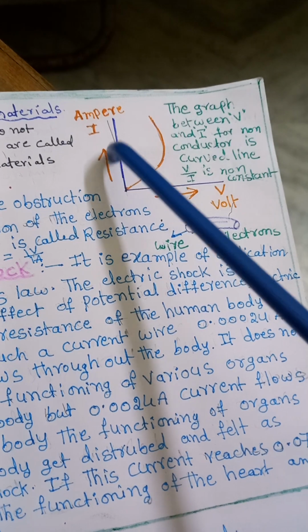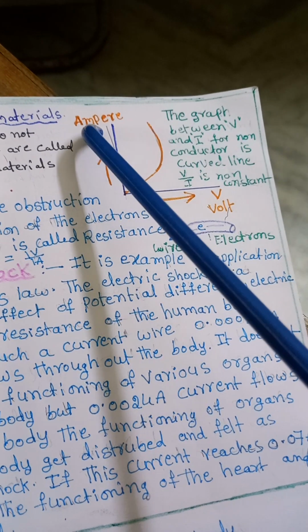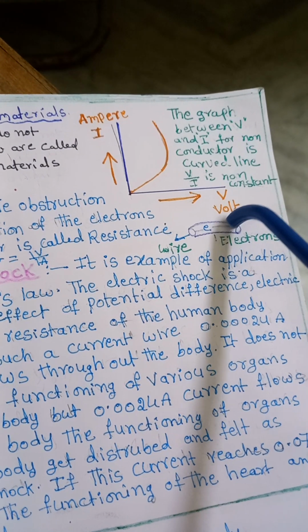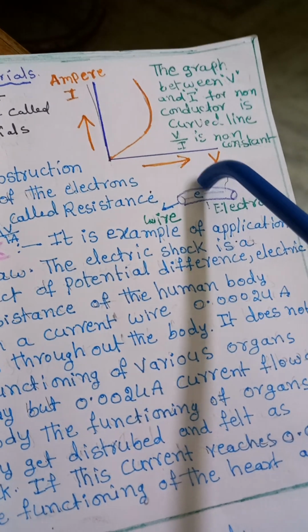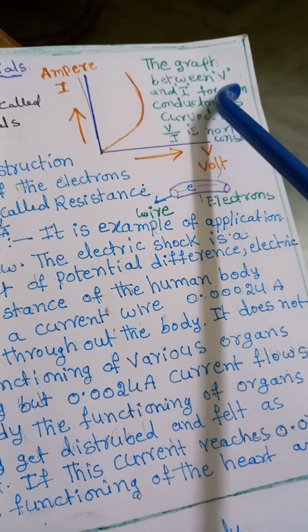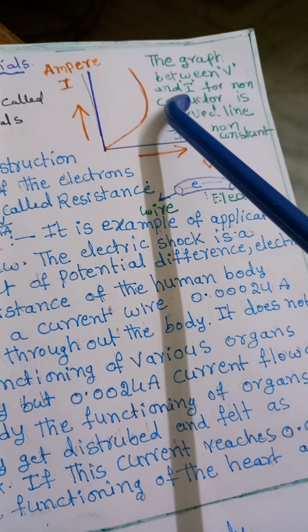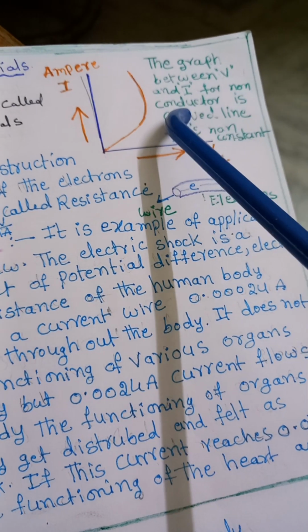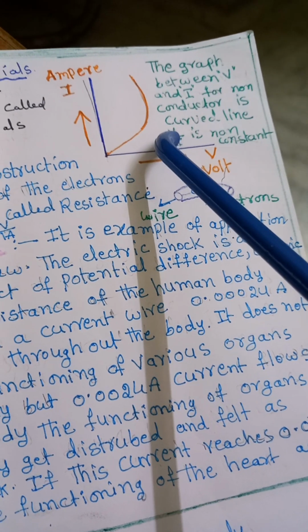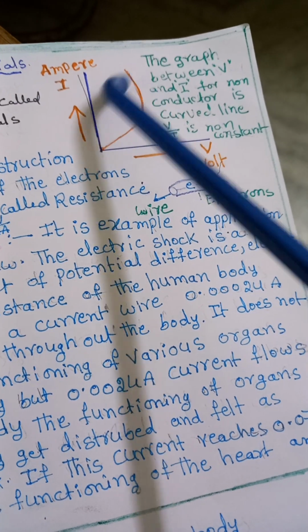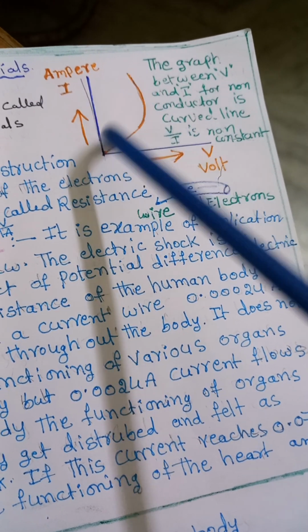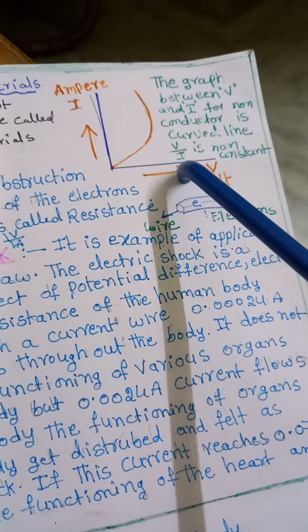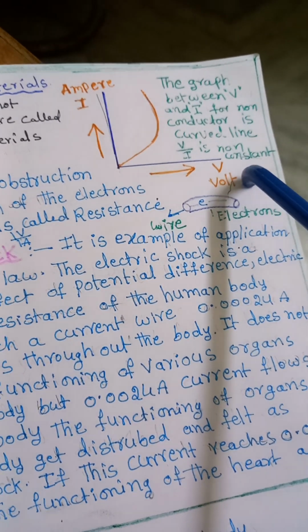Also, when we draw the graph between current and potential difference, the graph for a non-ohmic material is a curved line. So here we get a curved line, and V by I is not constant.